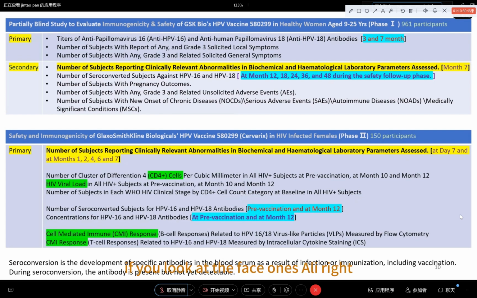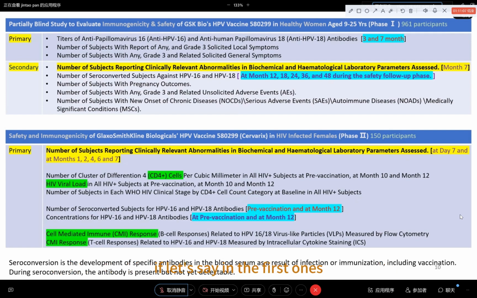So, if you look at the phase 1 study, what is the purpose of the phase 1 study? It's for you to understand the safety and the dosing of the drug, correct? Yeah. Alright, so that is normally your primary results.